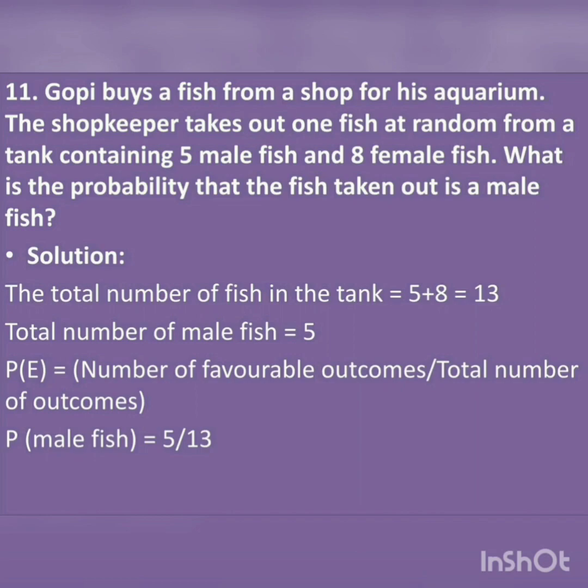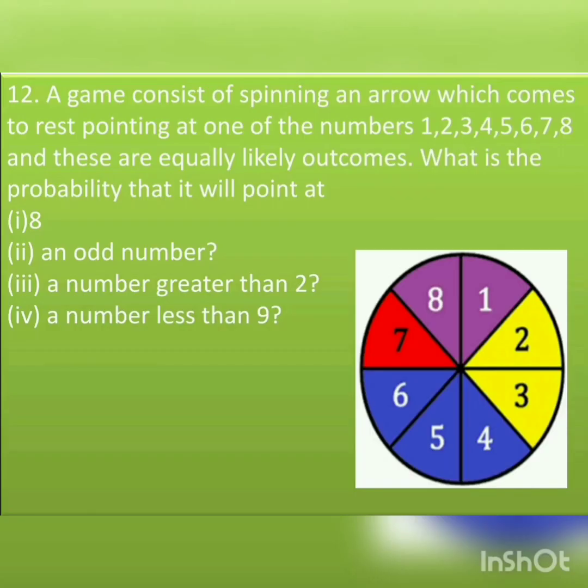Okay, next question number is 12. There is a game having numbers 1 to 8 written on it, and you have to find the probability of the number 8, an odd number, a number greater than 2, and a number less than 9. So for this, let's first find the number 8. How many times is the number 8 there? Only one time. So its probability will be 1 divided by the total numbers, 8. 1 by 8.